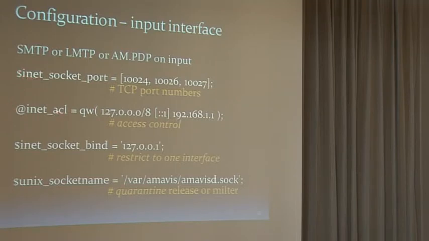So this is a list. It gets a list, and this qw operator is just shorthand for Perl, which takes its argument as a string, splits it into words on white space, and you end up with a list of 3 strings. So just a shorthand.